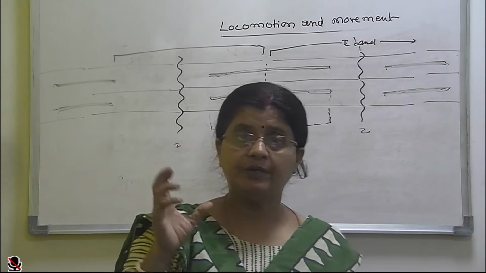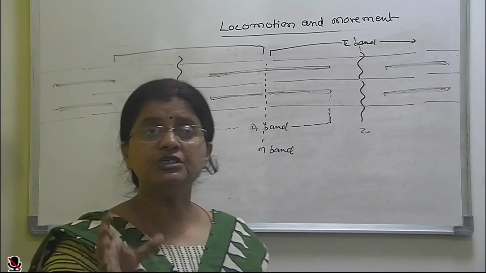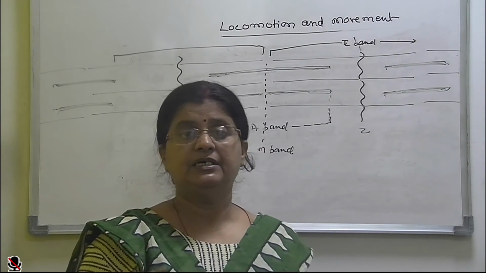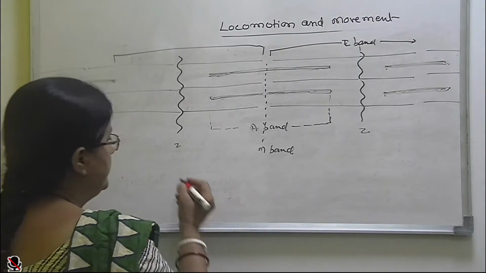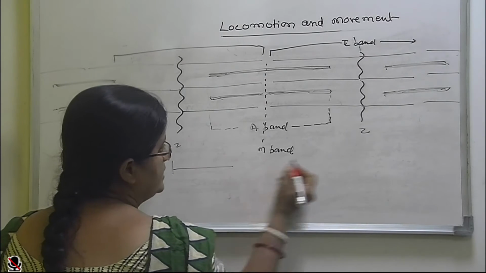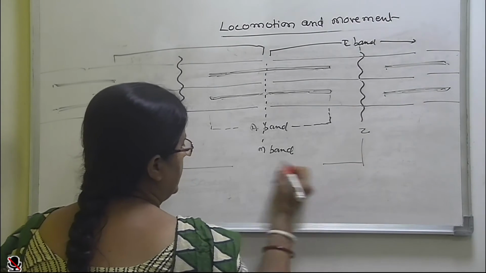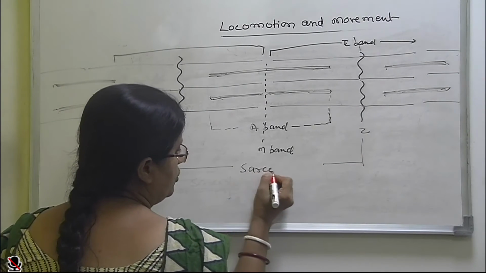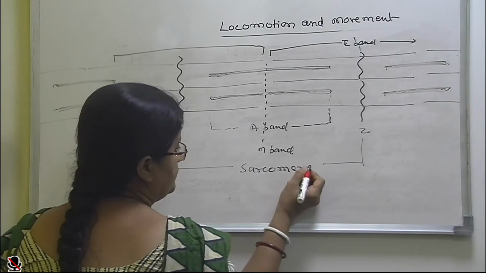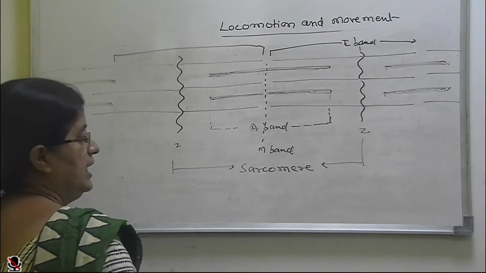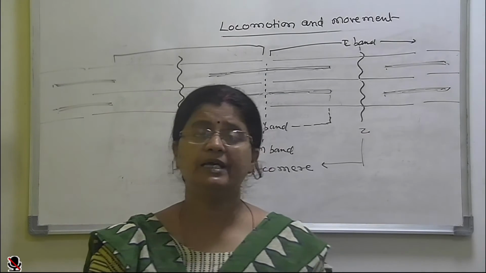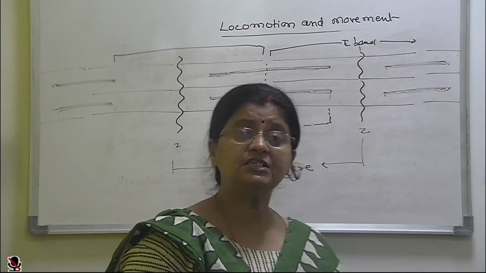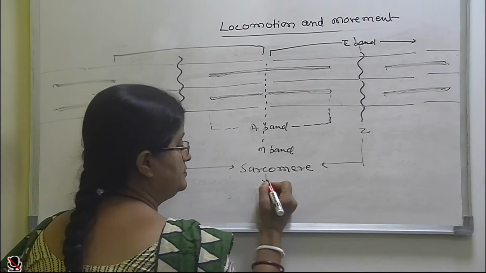One more thing to remember: the portion of myofilament lying between two Z lines is known as a sarcomere. And this sarcomere is the functional unit of muscle.